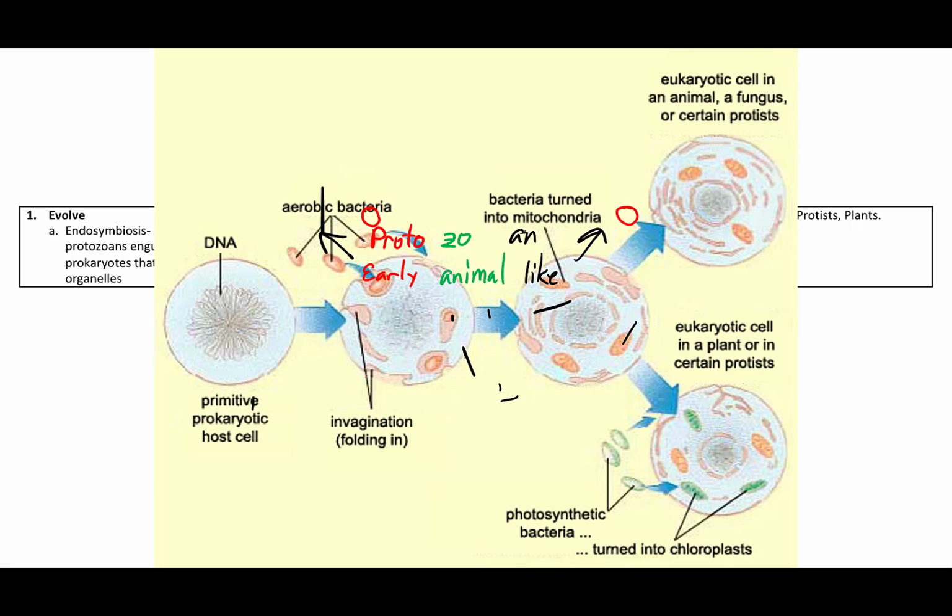So what happened was this aerobic bacteria, which was really good at taking sugars and digesting them and creating energy, gets taken in, invaginated, absorbed, and instead of decomposing or digesting it, they work out that symbiosis, where that bacteria now turned into mitochondria.